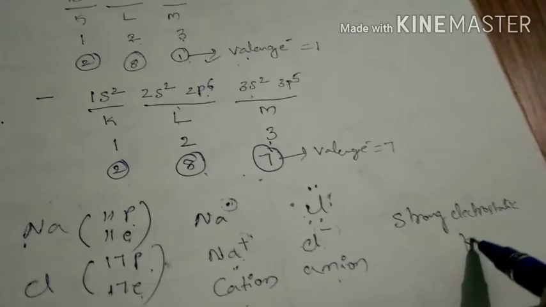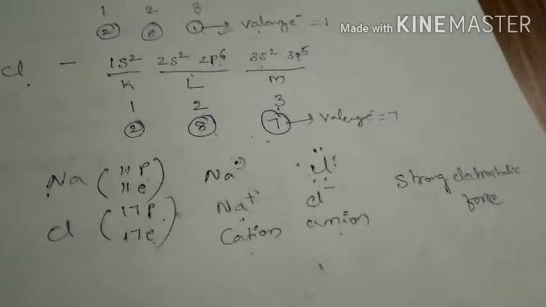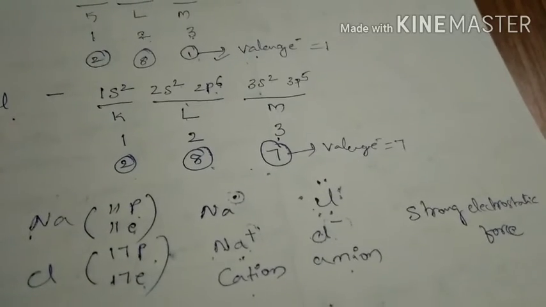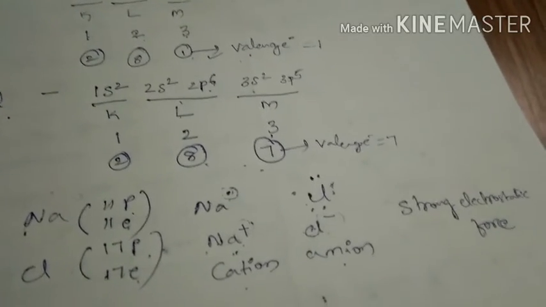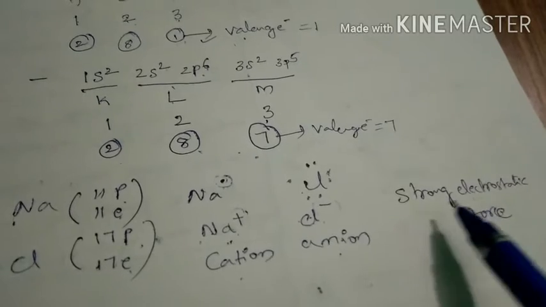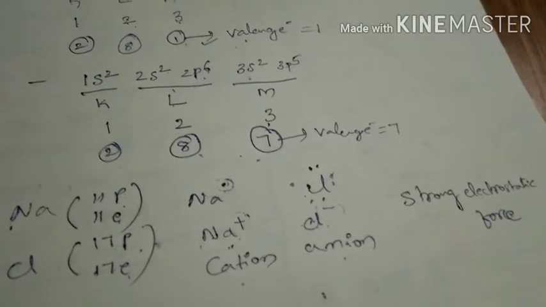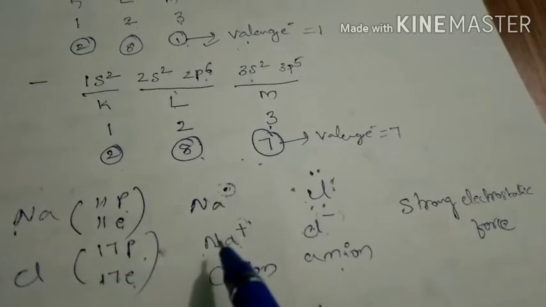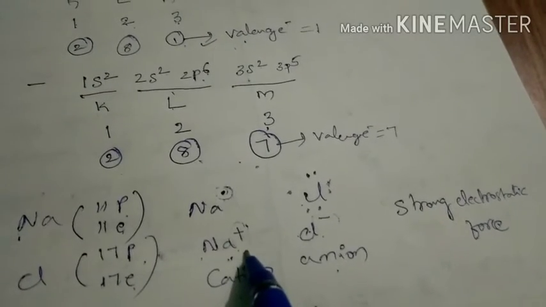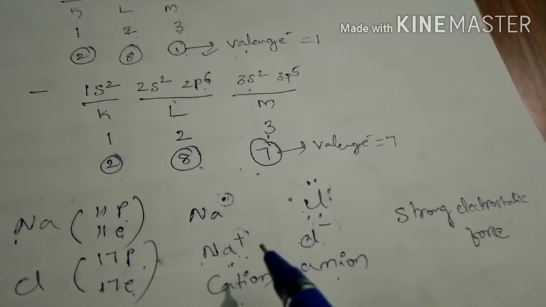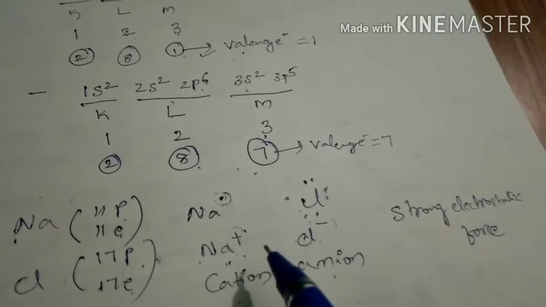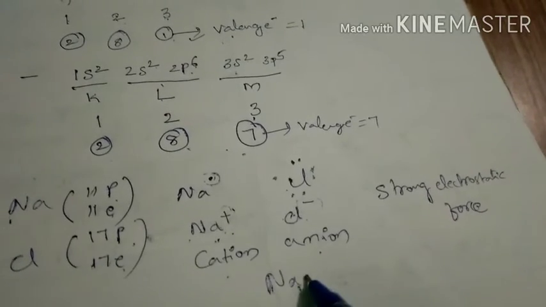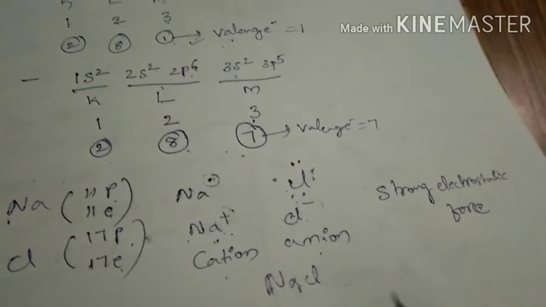Very important point. I repeat once again, between oppositely charged ions, some attraction forces would develop. Those attraction forces are called strong electrostatic force of attractions. Because of those attractions, these two ions come close to each other and they remove their charges, and finally NaCl will be formed.